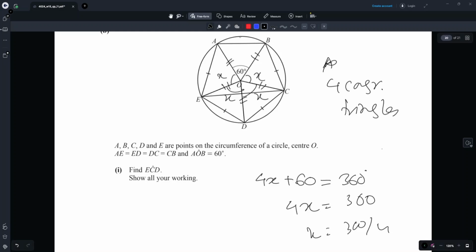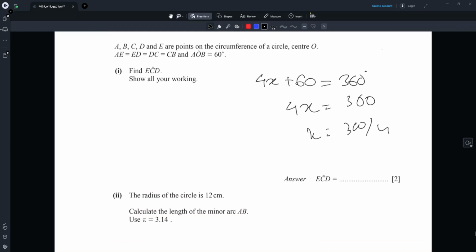Now, here's another thing. Now I know that I have found out this angle. This is therefore 75, this is 75. And I know that these two sides are equal because they're radii.